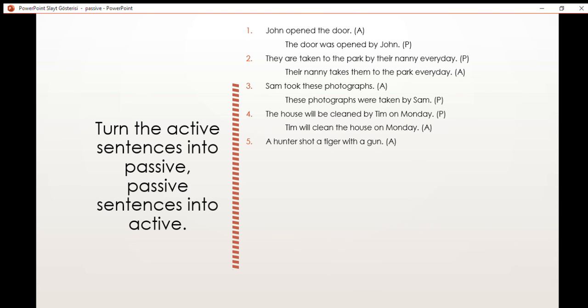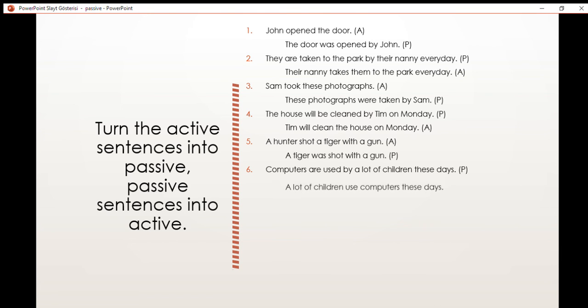A hunter shot a tiger with a gun. A tiger was shot with a gun. Computers are used by a lot of children these days. A lot of children use computers these days. The lock was broken with a hammer.